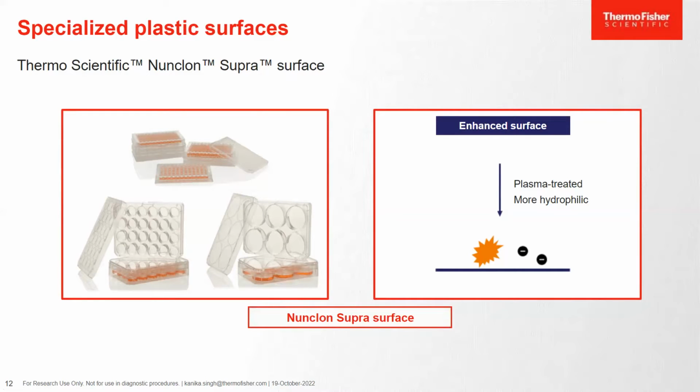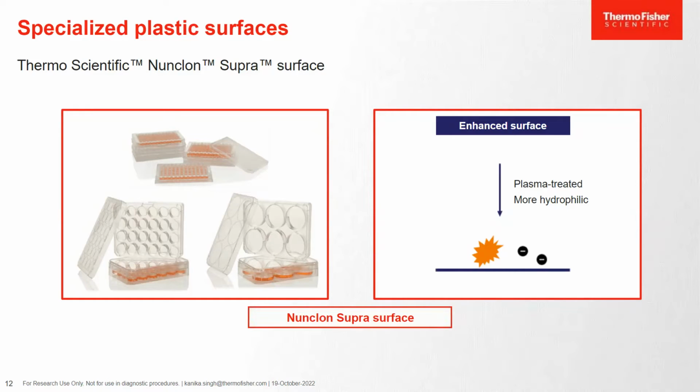This surface is a high attachment surface which is plasma treated, which supports the growth of MSCs in the absence of any ECM coating. And we can use serum-free and xeno-free media for growing our cells.